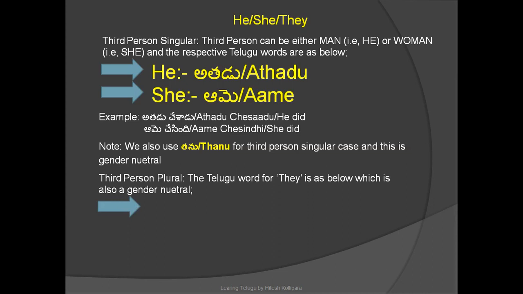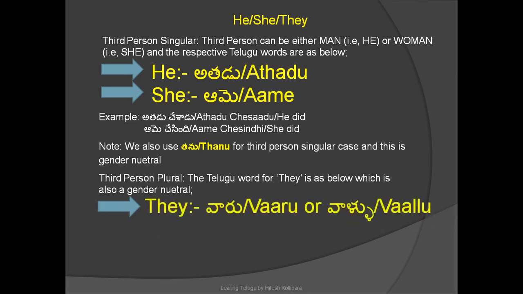And the word is varu or valu. Varu or valu. Now, since I put or, it means you can use either of them. You can use either varu to represent they, or you can also use valu to represent they.